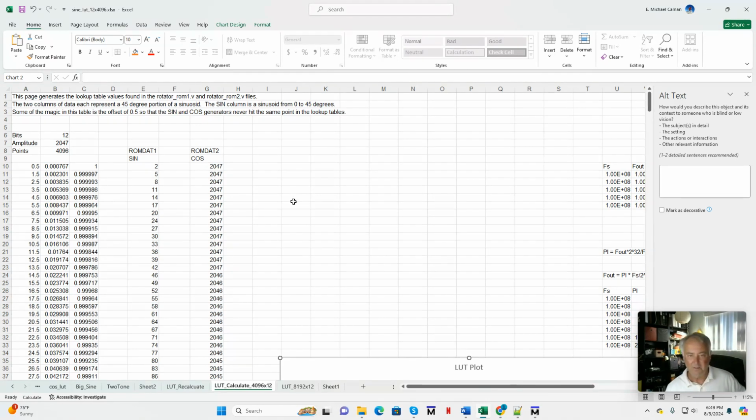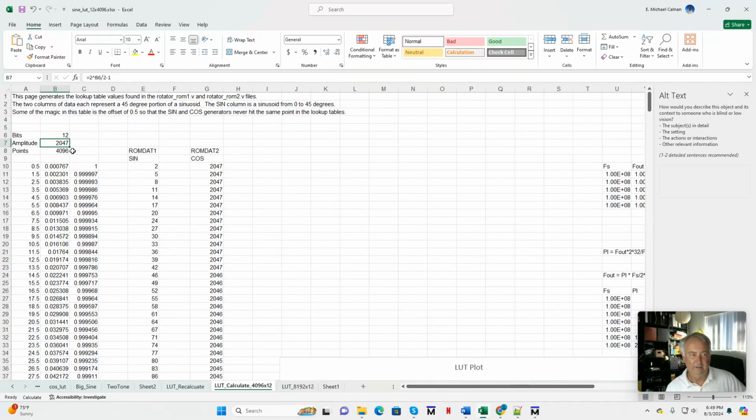I've put this all in an Excel spreadsheet so I can easily modify the number of bits and the number of points in the full 360-degree phase of the sinusoid.